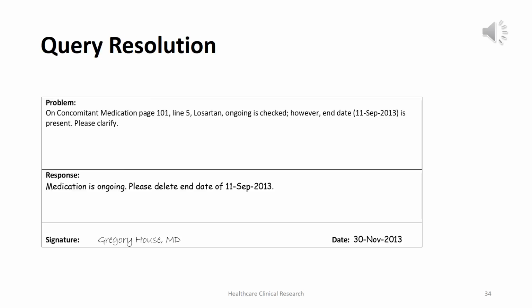Please delete end date of 11 September 2013. So if it's ongoing, we won't have an end date. So someone there at the sponsor is going to update our database to delete that end date. And then as you can see, the principal investigator signed and dated it at the bottom. So it looks like we're probably in pretty good shape on this resolution as well.